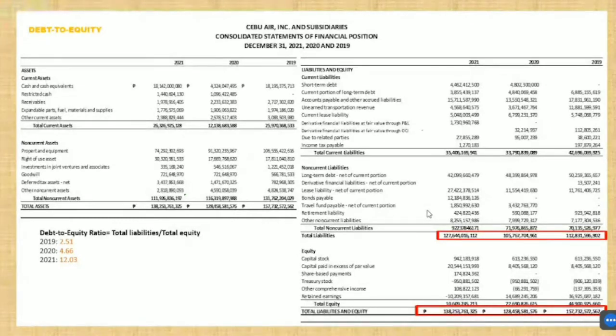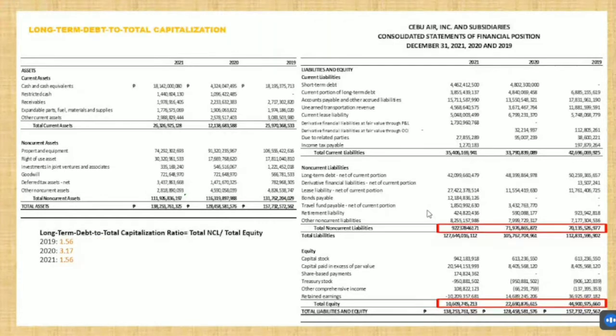which, next slide, also increases, which implies that the company's long-term debt is increasingly accounted for in the company's total capitalization. So, as can be observed sa kanilang financial statement, statement of financial position nila, ang pinakamalaking amount sa balance sheet ay property and equipment with almost half of the other assets.